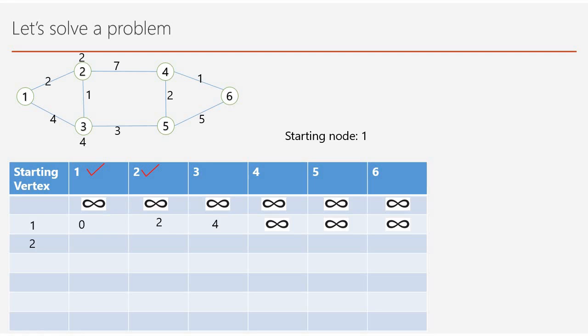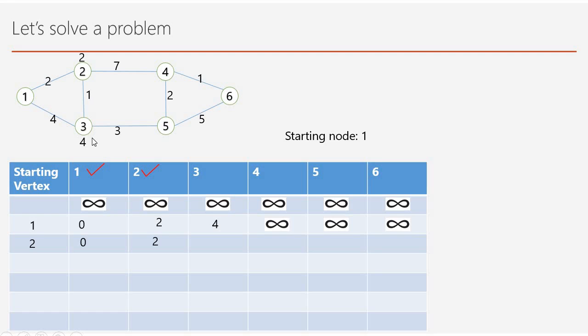If I select node 2, then find the neighbors of node 2 and update the values, right? So here now I have selected 2. And 1 and 2 are already visited, so no need of any updation for them because those are already visited or picked or selected. So now from 2 to 3, I have already weight 2 and there is a weight on the path, that is 1.